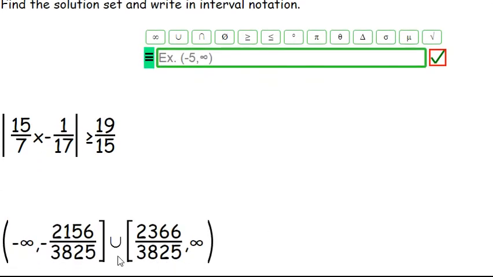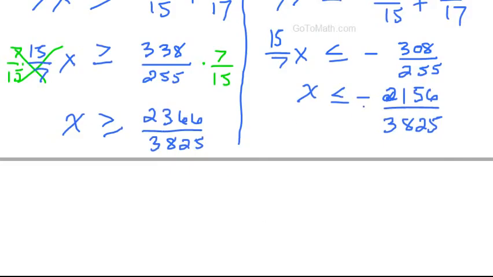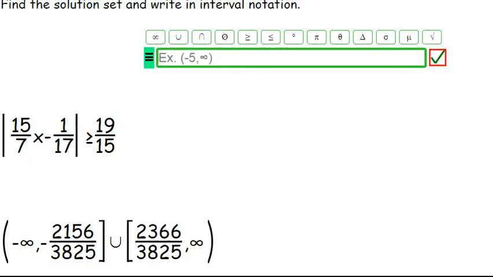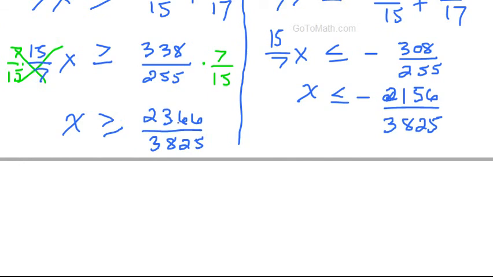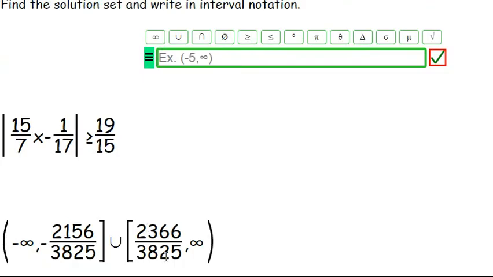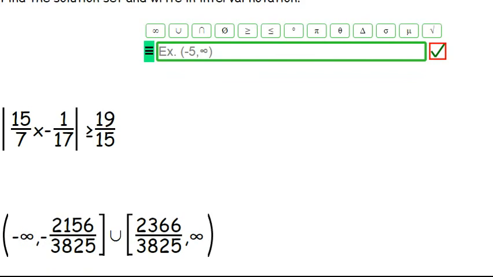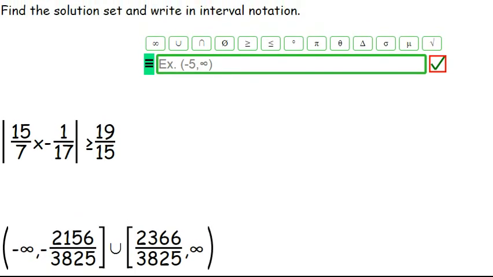Yeah. Okay. Let's look here. X is less than or equal to negative 2156 over 3825. And x is greater than 2366 over 3825. Alright, okay. So, not nice numbers to be dealing with. No, it's not. Alright.